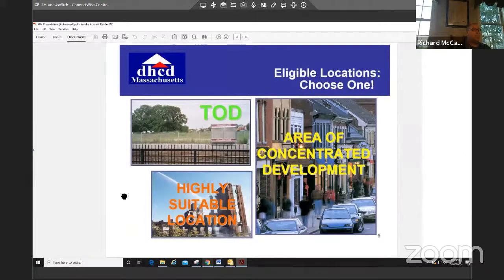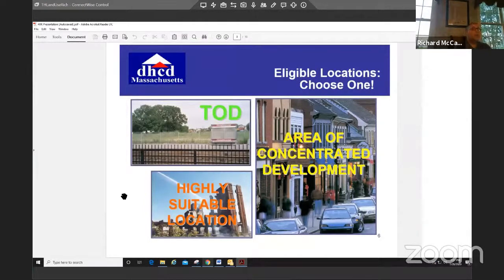And so the next slide, I think, is pretty important as we look at the types of potential areas that the state looks towards for 40R areas for adoption. Clearly, in our case, we're talking about transit-oriented development, but I think you probably could even look to the idea that some of the other criteria would still be applicable in the case of the site we're looking at.